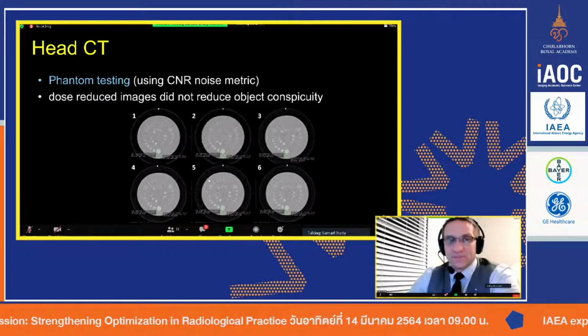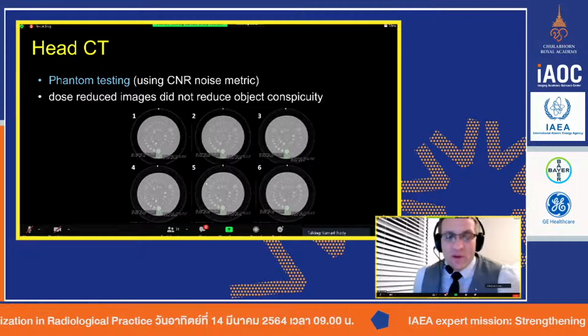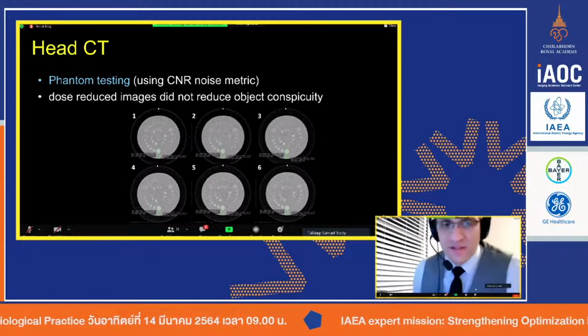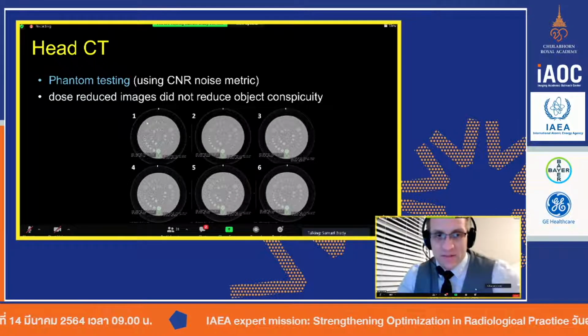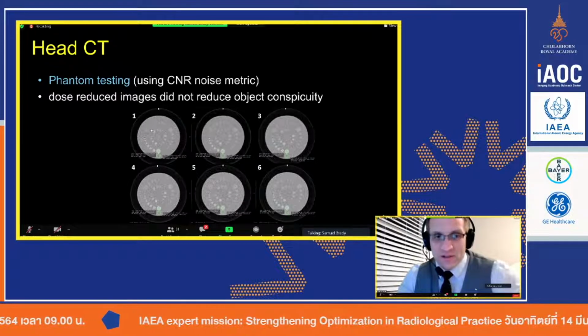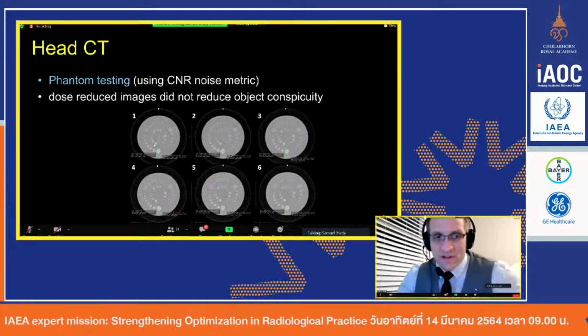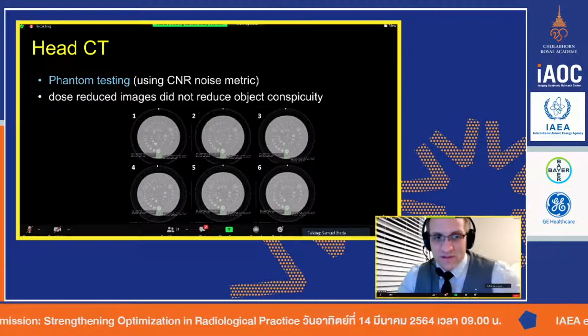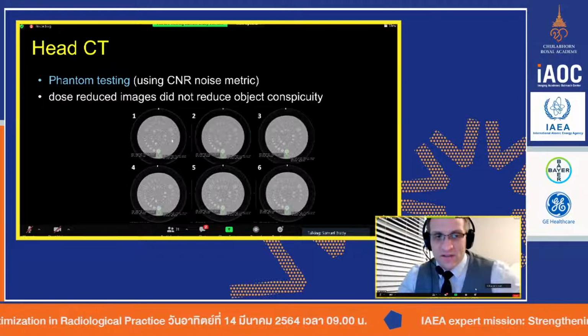So what did they do? As an example of what you can do also, they went immediately to their phantoms. This is a CAT phantom, and they imaged it. And this is the low contrast module. So you have all these various different contrast levels, these little circles, the diameters change at different locations in the phantom.